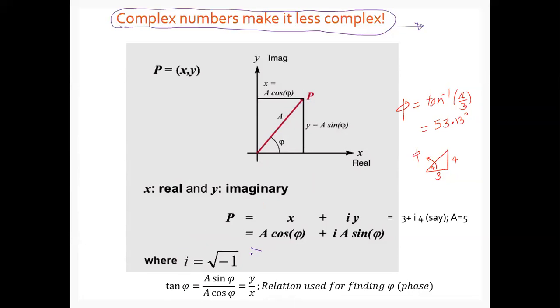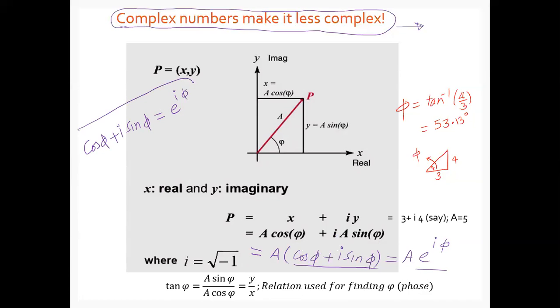So this guy can be written as a cosine phi plus i sine phi. So this guy can be written as a e to the i phi. Remember this formula? So let me conclude here. This is awesome. Cos phi plus i sine phi can be written as e to the i phi.